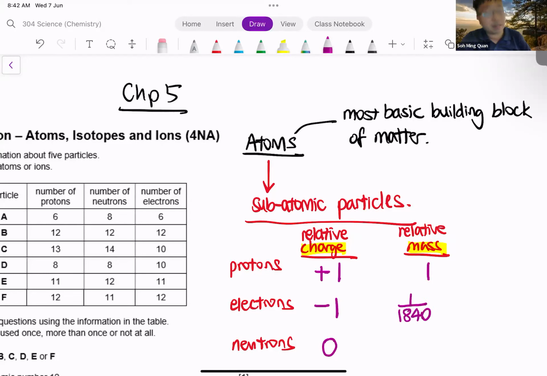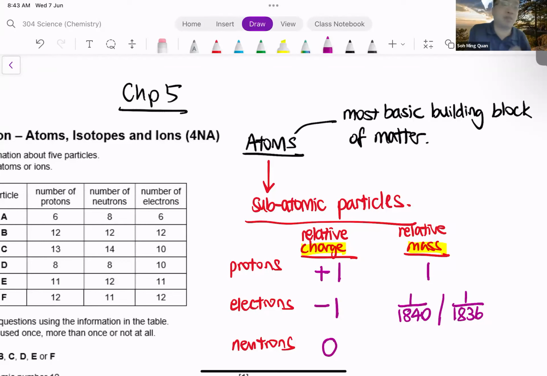So immediately you can see that electrons is 1 over 1840. It's a fraction, right? Fractions are small, meaning electrons have a smaller mass than a proton. How many times smaller? It's 1,840 times smaller in mass than a proton.